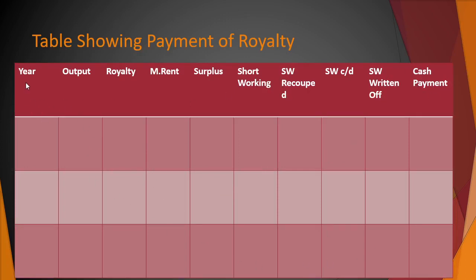We need to record the year, the output, and the royalty, that is output into royalty per ton or into royalty per sale, and minimum rent or dead rent, which is common for all the years, and surplus. So here we are going to calculate the surplus as royalty minus minimum rent. If royalty exceeds the minimum rent, that balance or the difference between these two is considered as surplus.